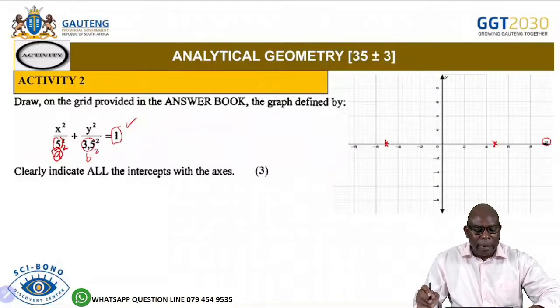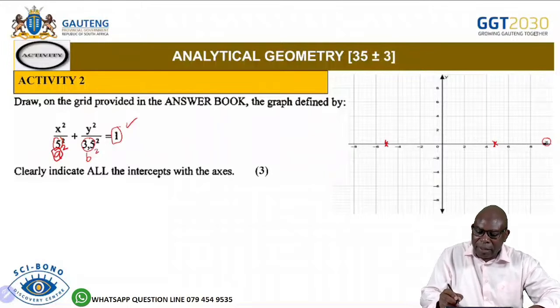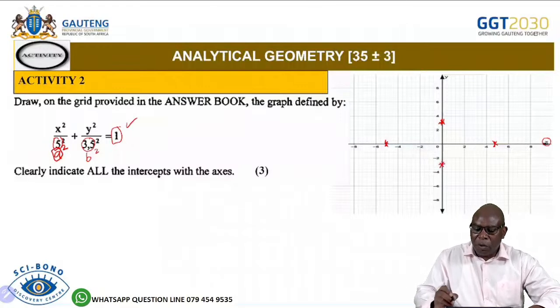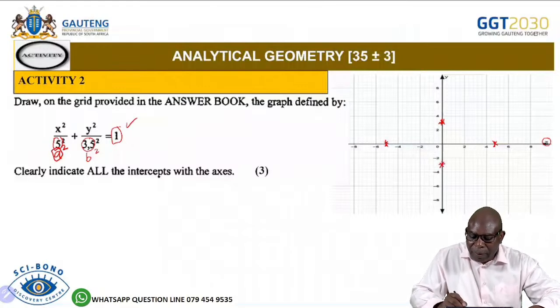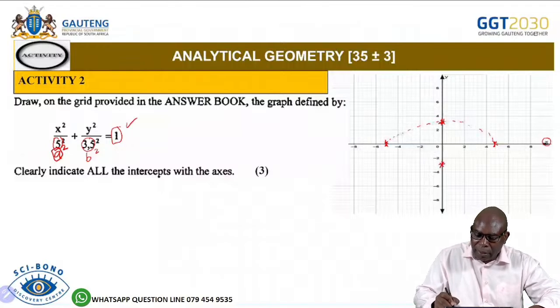See? Then I go to my y-axis. Then I locate 3,5 somewhere there, and I allocate negative 3,5 somewhere there. Right. From there, what do I do? I connect this by using a freehand. I like doing this.